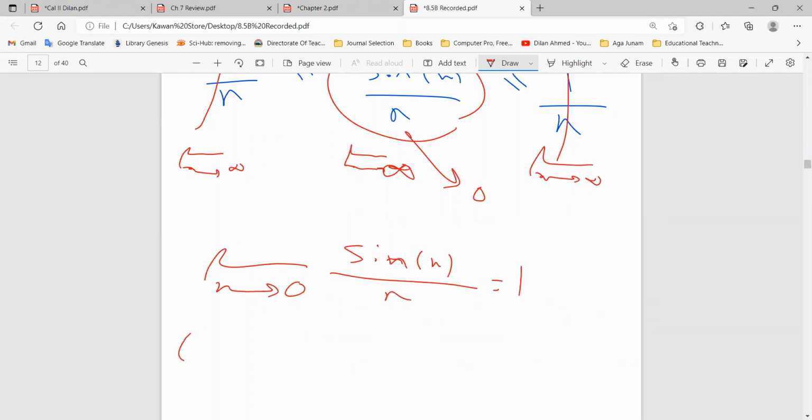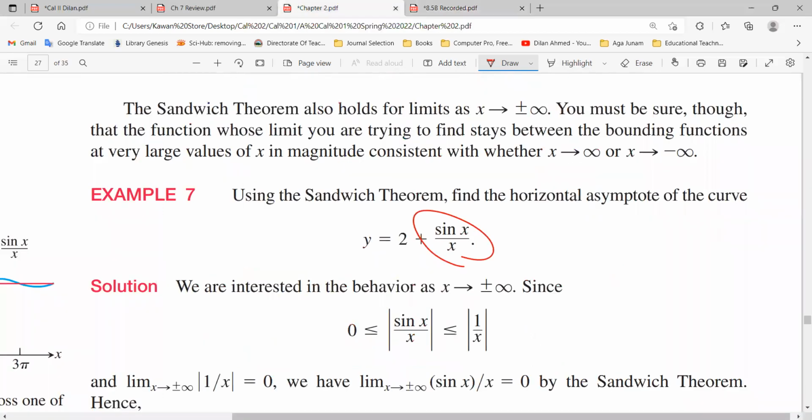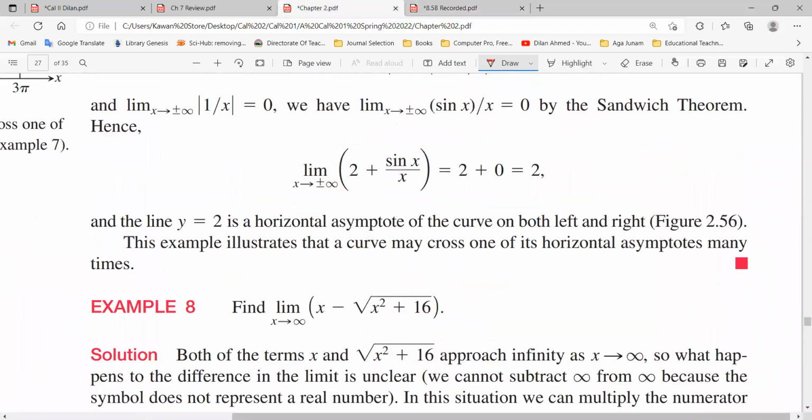That one is equal to 1 by sandwich theorem. So make a difference between these two. That one is a formula, you can use L'Hopital again or another formula, and that one is by the sandwich theorem. You got it? So of course, 0 plus 2 equal to 2.